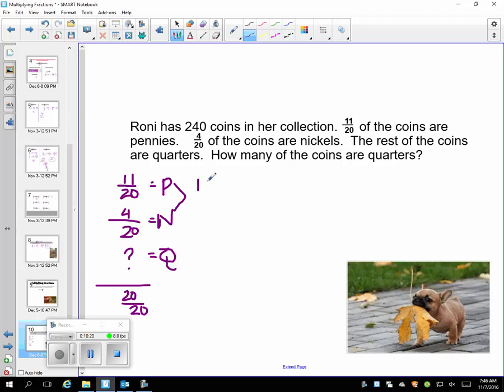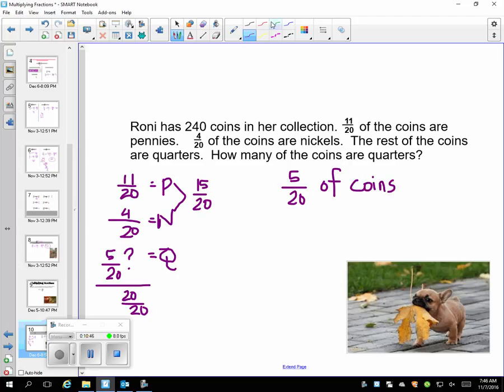So together this is 15/20ths. So if the pennies and nickels are 15/20ths and my whole is 20/20ths, what would the quarters have to be? Right, 5/20ths. So 5/20ths of the coins are quarters.